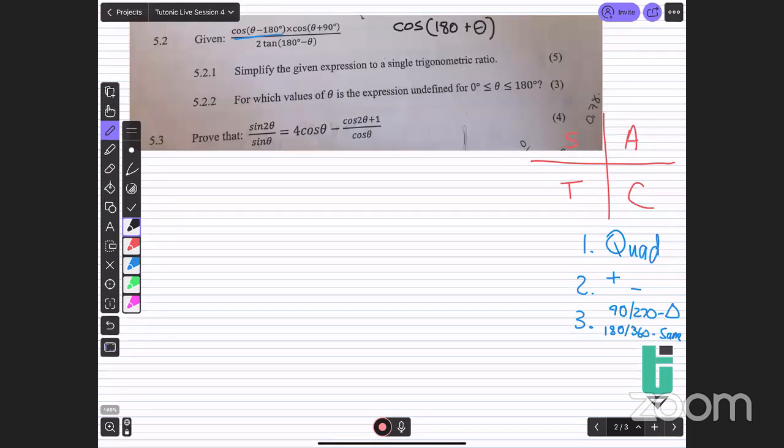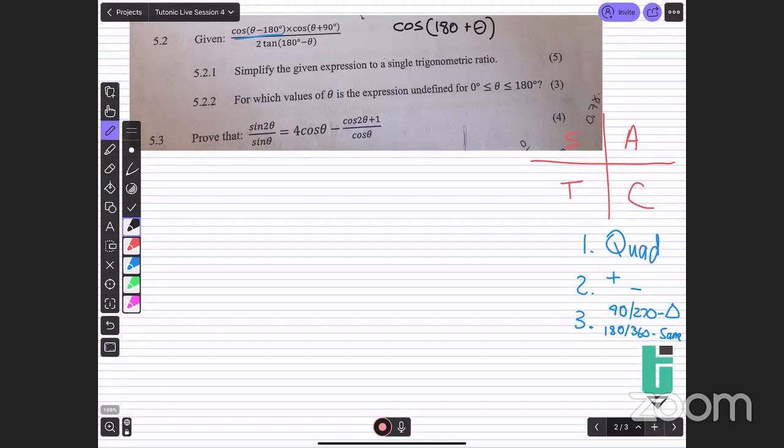Do you guys see that? Nafisa? Yes. Okay, so you don't actually have to worry. So which quadrant is this in? Okay, cos in the fourth quadrant, but 180 plus theta is the third. Yes. So it will be negative cos of theta.